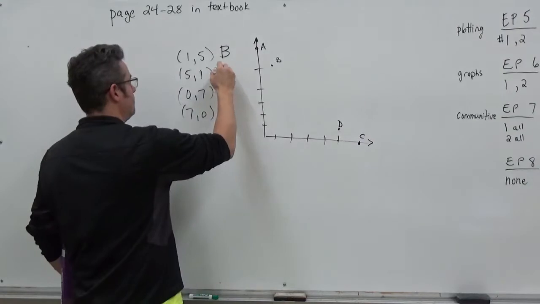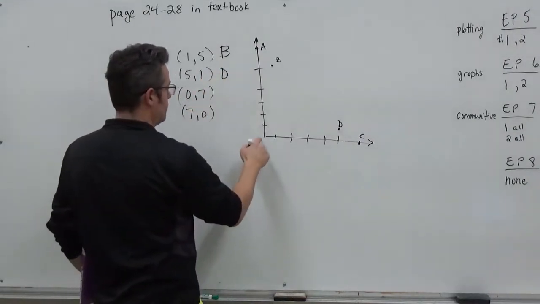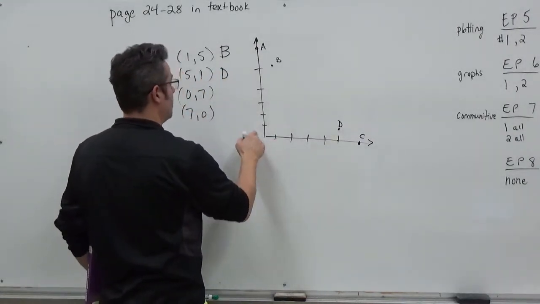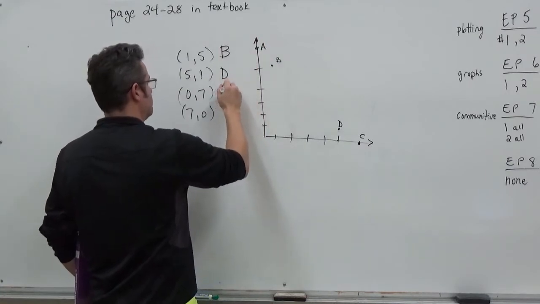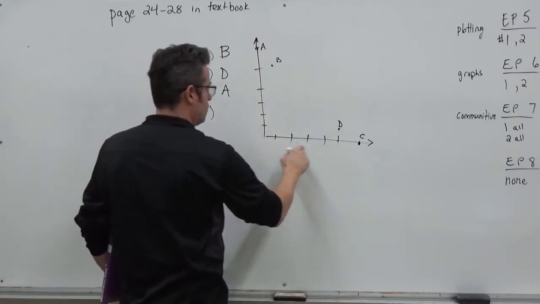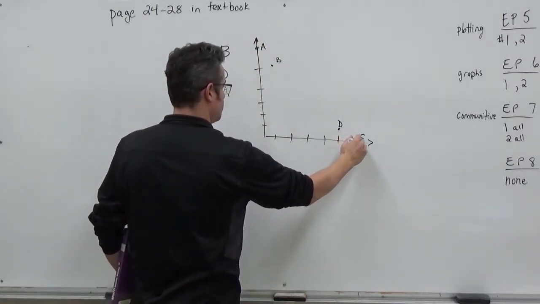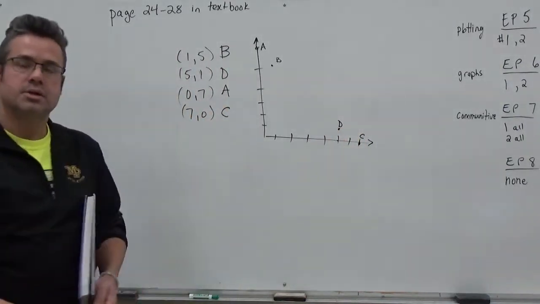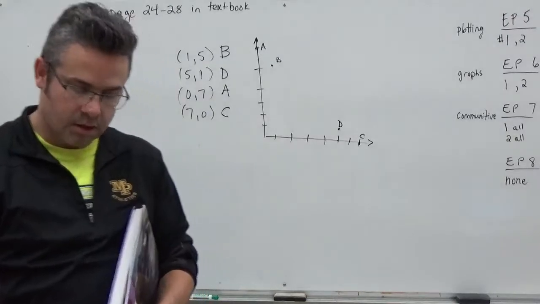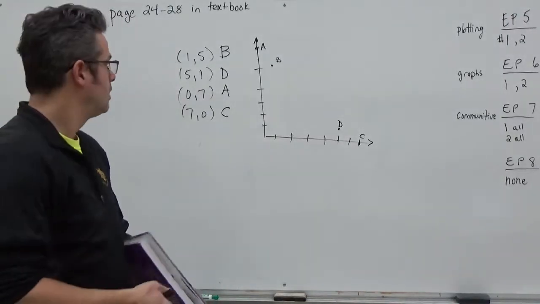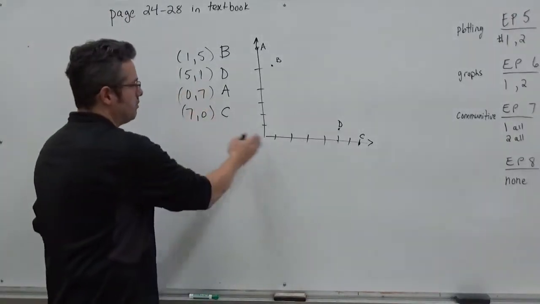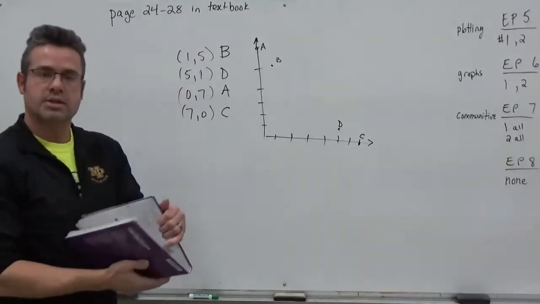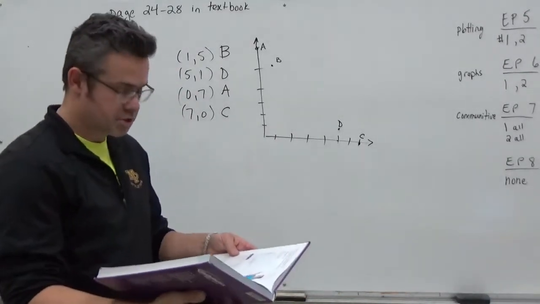That must be D. Here I'm going over 0 and up 7. That must be A. And then here you go over 7 and up 0. This must be C. So that's how you would read the graph and match up the ordered pairs to coordinates on the graph. Well, let's try out number 2.